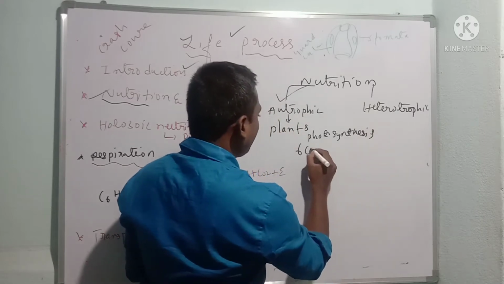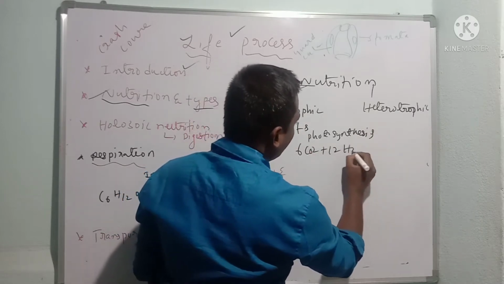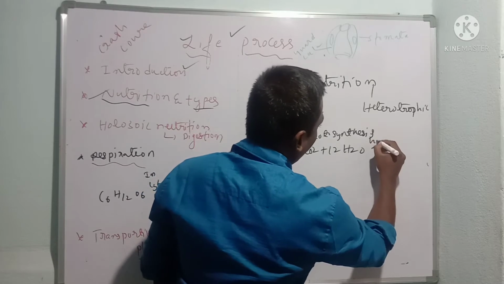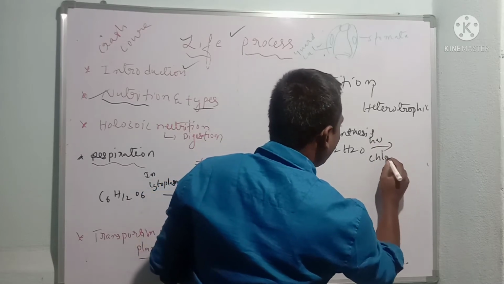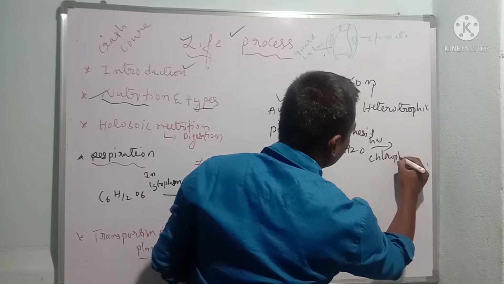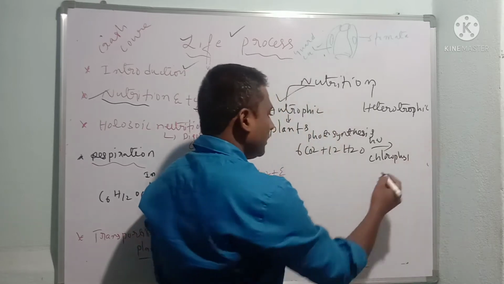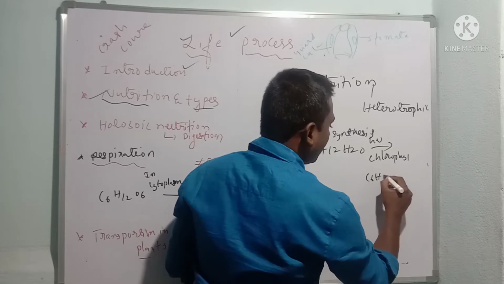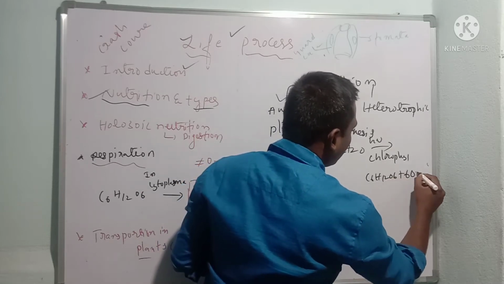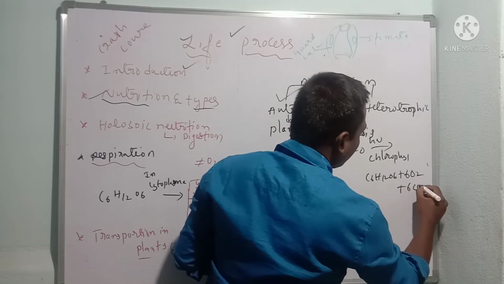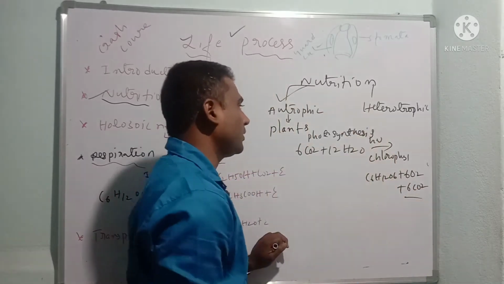When 6 times carbon dioxide and 12 times water, in the presence of sunlight and chlorophyll, a green pigment, convert into energy: C6H12O6 plus 6 times carbon dioxide plus 6 times oxygen. So this is the equation for photosynthesis.